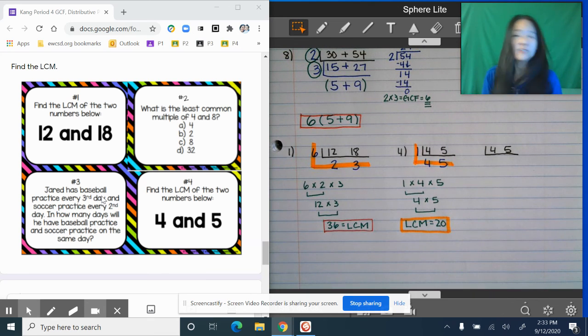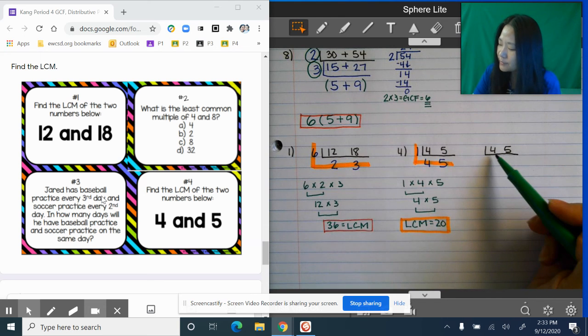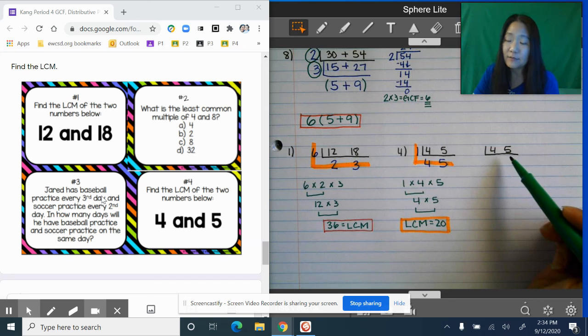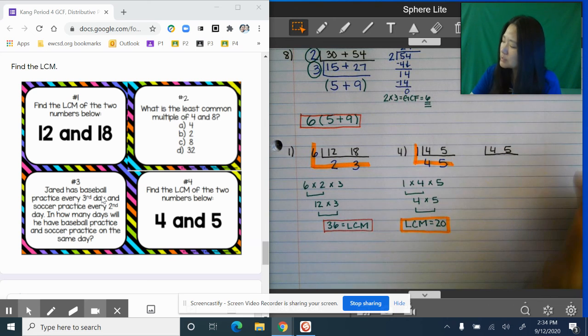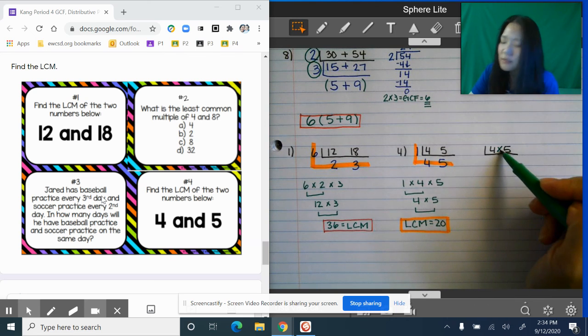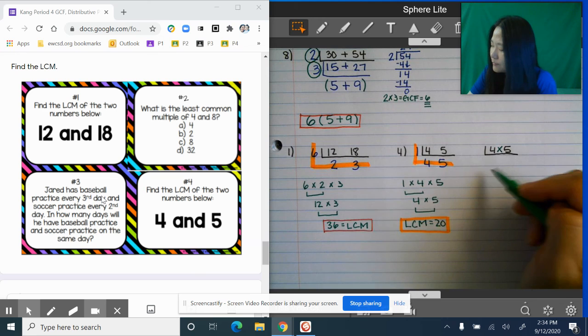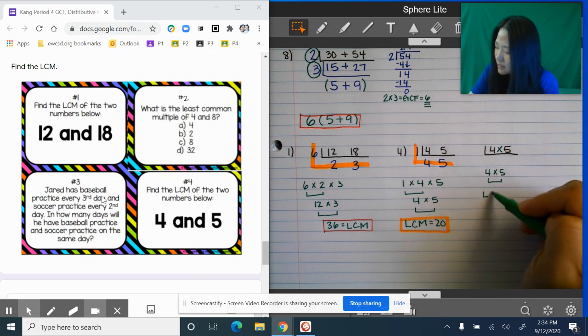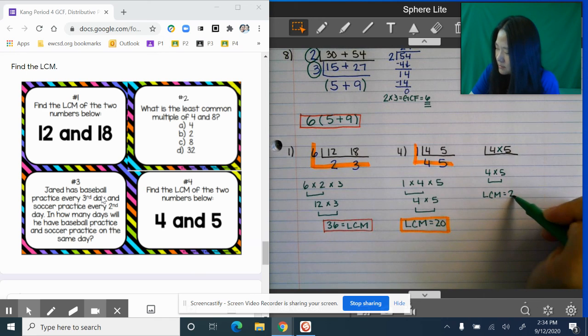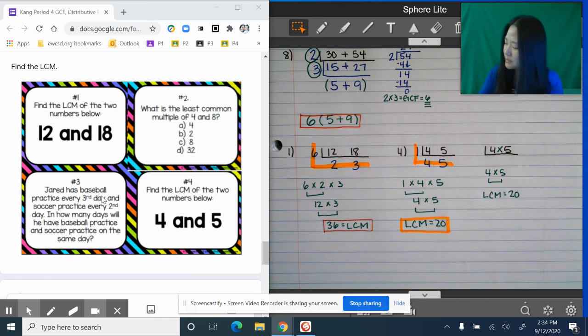However, it is not necessary. If you have 2 numbers and when you're doing your ladder method there's no common factor other than 1, you can simply multiply the 2 numbers. So 4 times 5 gives you your least common multiple, which is 20. You get the same answer.